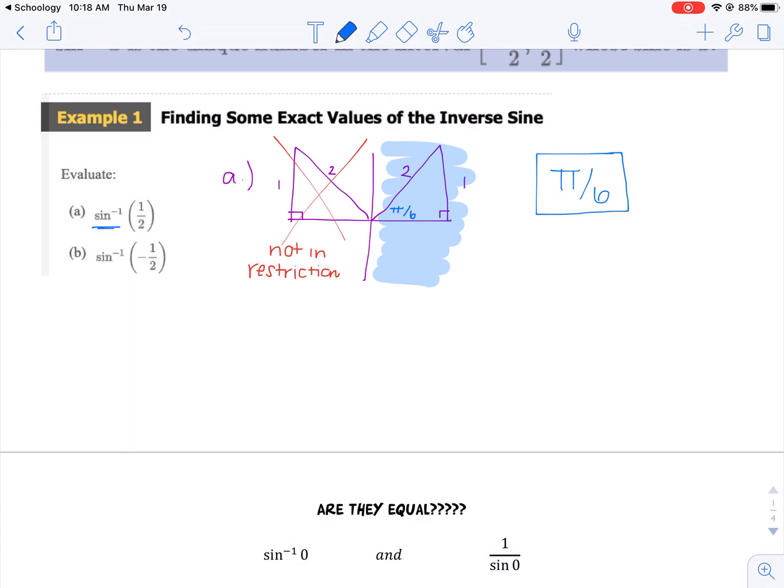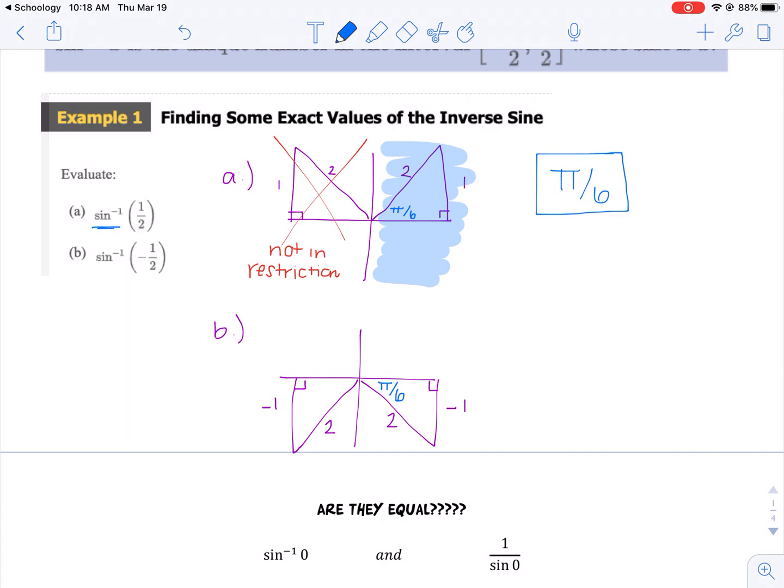Okay. Now let's try part B. Now part B, kind of the same idea. I'm going to go back to what I've done before and show how it relates. Sine inverse of negative 1/2. Well, sine is negative in the third and fourth quadrant. I know this would be negative 1 over 2, negative 1 over 2. So again, my reference angle would be pi over 6.